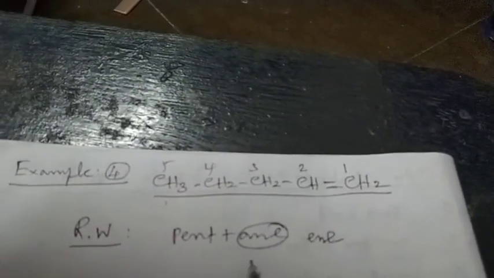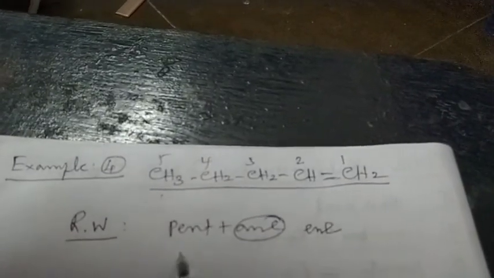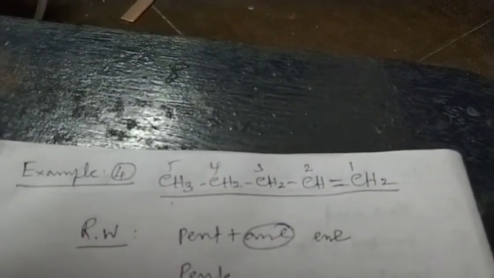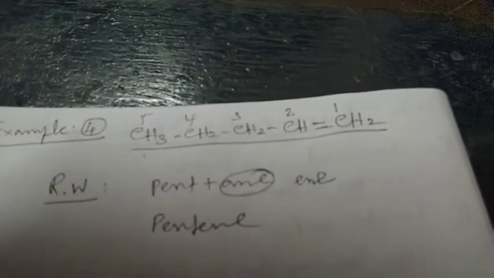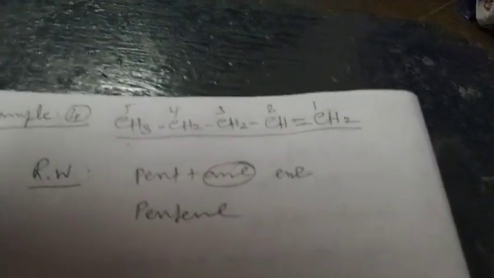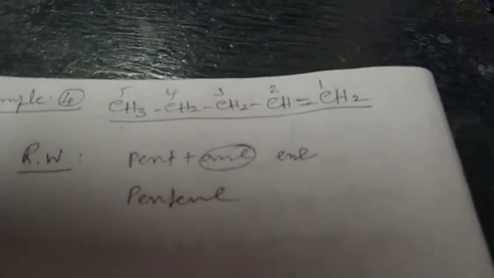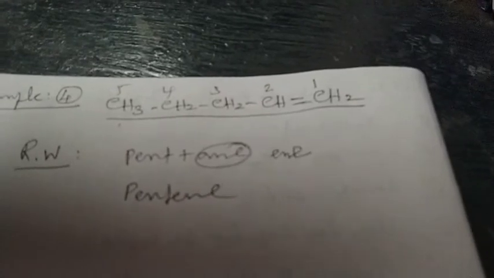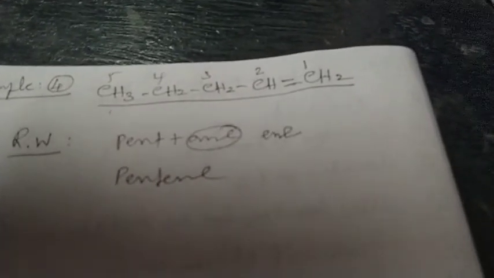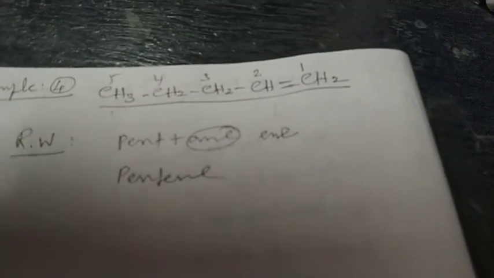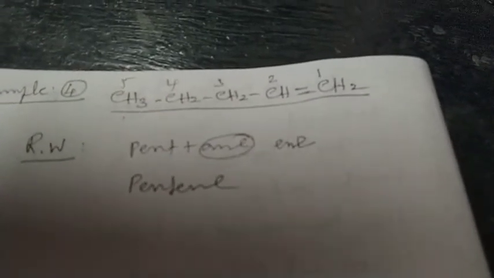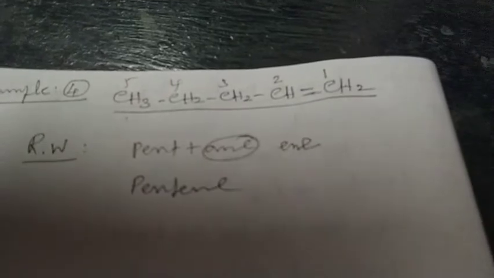Then the name of the compound is pentene, but we are also going to mention the position of the double bond. With the first carbon, the double bond is there.